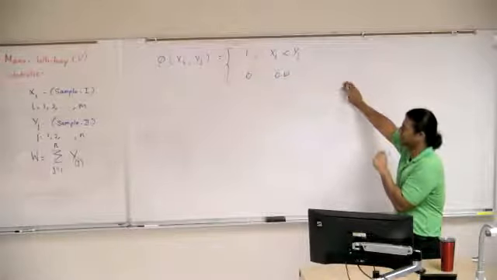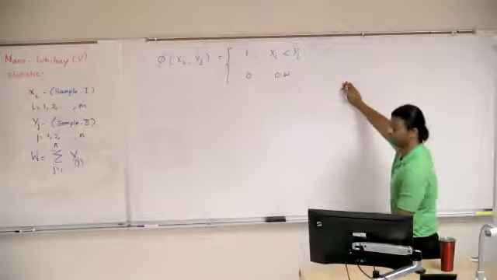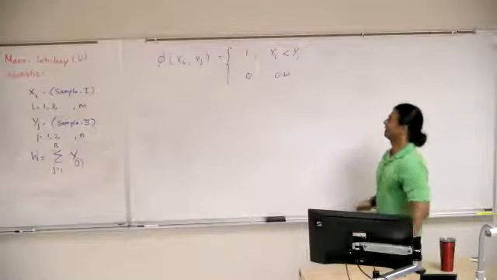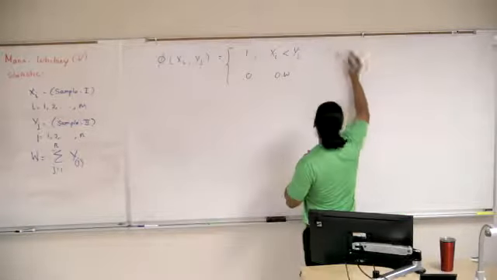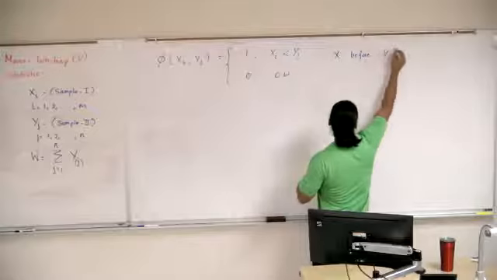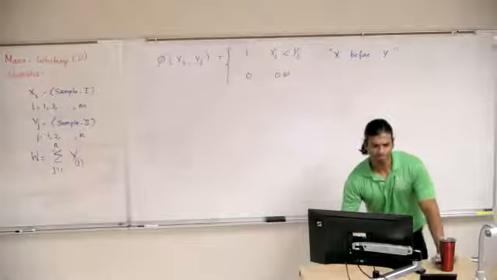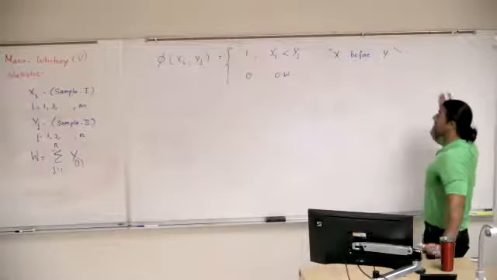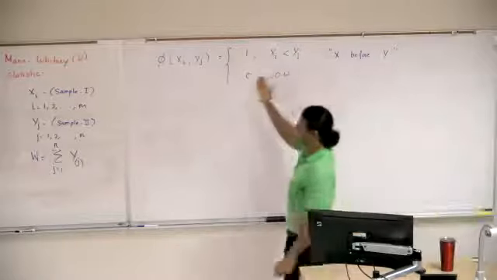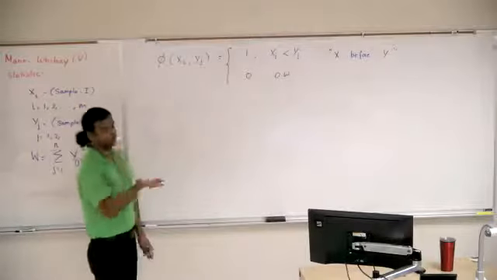It is defined as 1 if x_i is less than y_j, 0 otherwise. This is what we call x before y. If the value of x_i is less than y_j, then we use x before y.